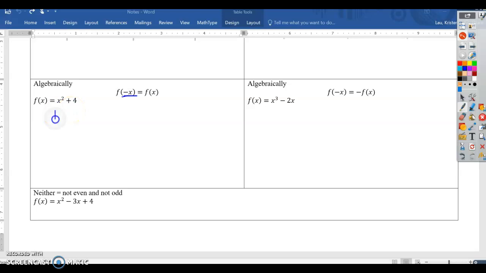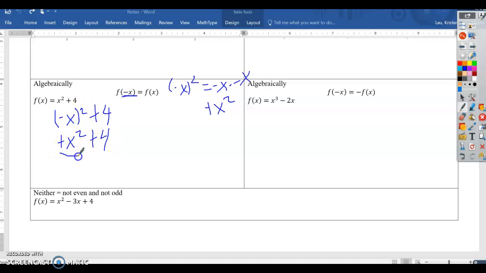So I have negative x squared plus 4. Well, I know that negative x squared is equal to negative x times negative x, and negative x times negative x is a positive x squared, because a negative times a negative makes a positive. So no matter what that number is, it's always going to be a positive x squared, and then that's just plus 4.